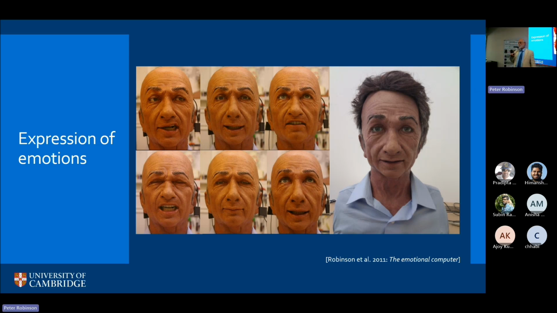And so the question then was, do people understand the emotions in this that we can express? Because of course we can replay into this all of the things that we've learned from our various analyses. So we did an experiment.